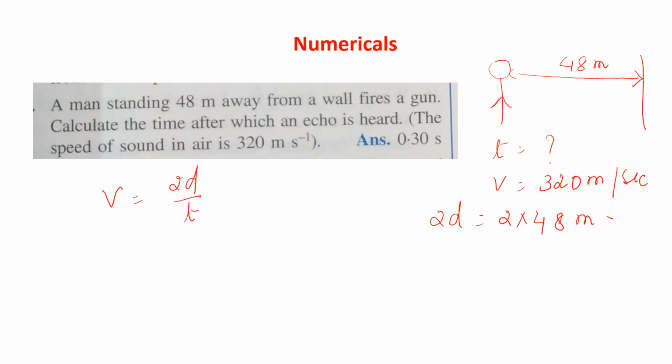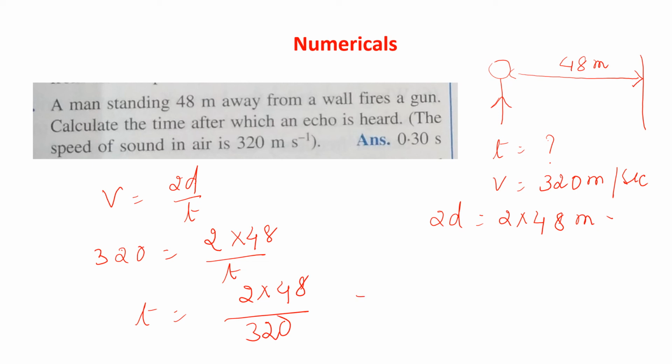Now put the value of v here, that is 320 is equal to 2 into 48 by t. From there t is equal to 2 into 48 by 320. Now you calculate it and you will get the answer 0.30 second.